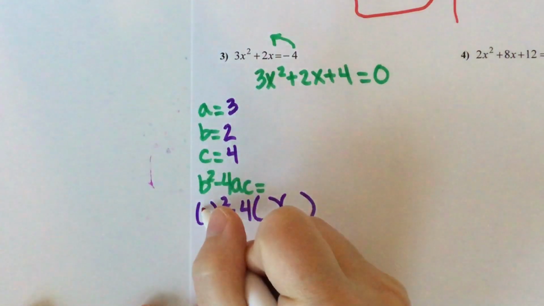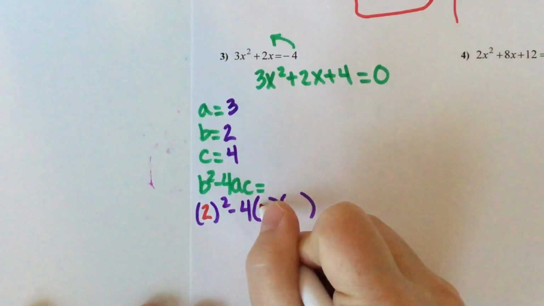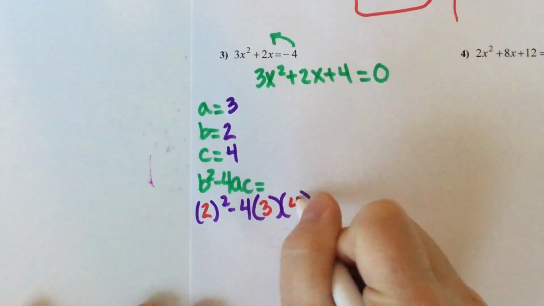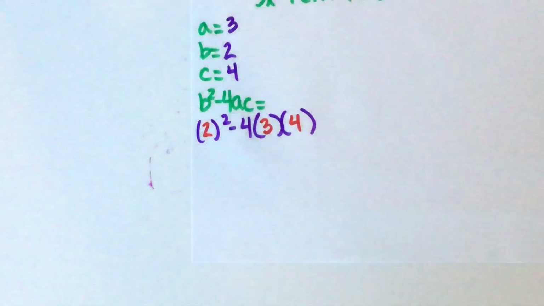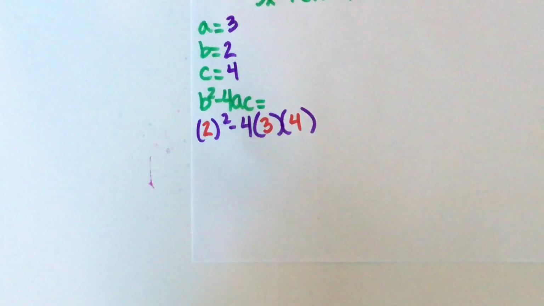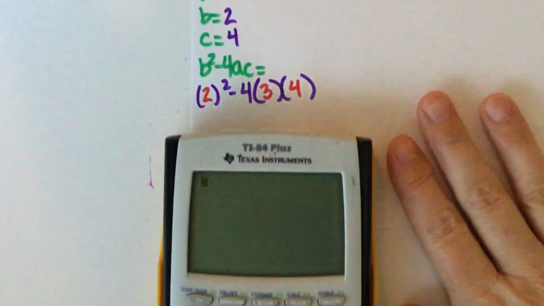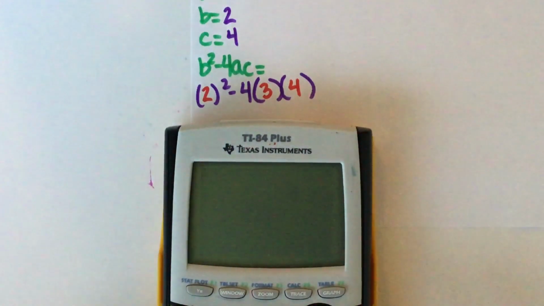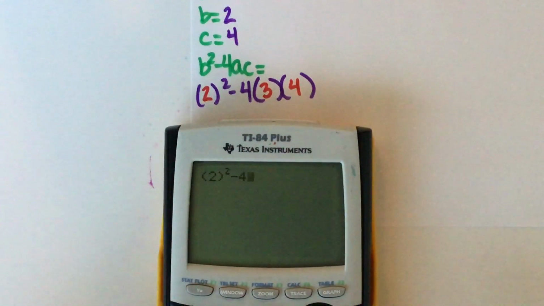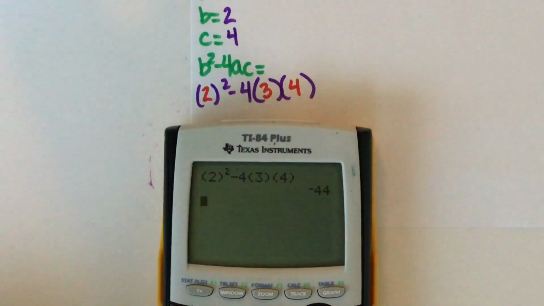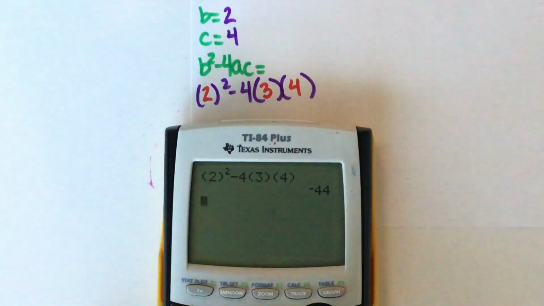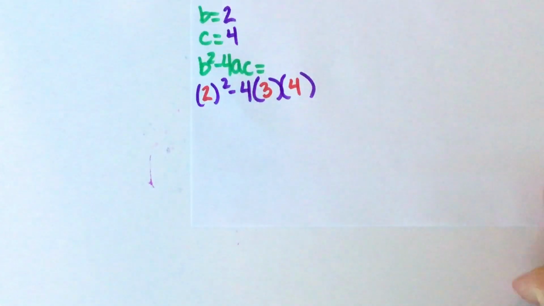So b is 2, a is 3, c is 4. Okay, so b squared minus 4ac. Here we go. Parenthesis 2 squared minus 4 parenthesis a parenthesis c. And that makes a negative 44.